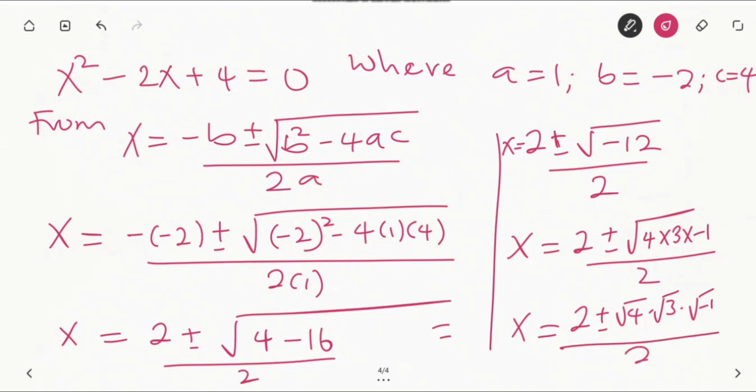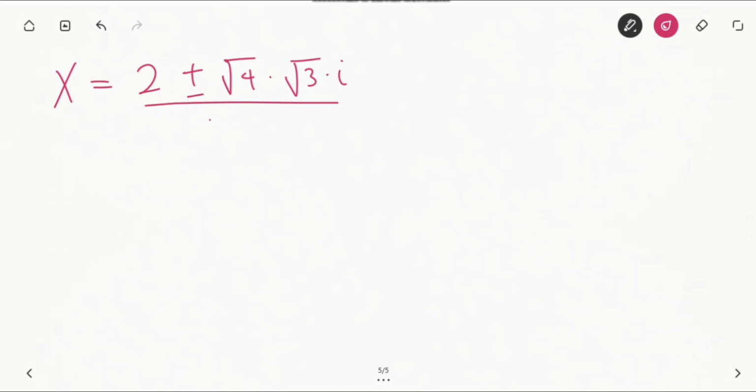But let us note that root of minus 1 equals i in complex space. So x equals 2, positive or negative, root 4 multiplied by root 3 multiplied by i, divided by 2.